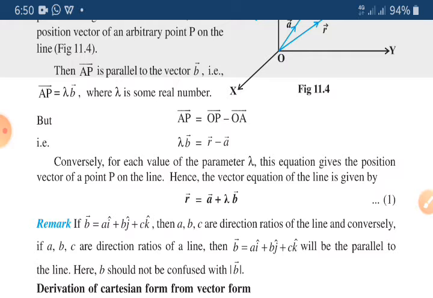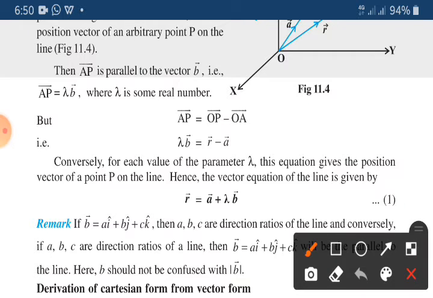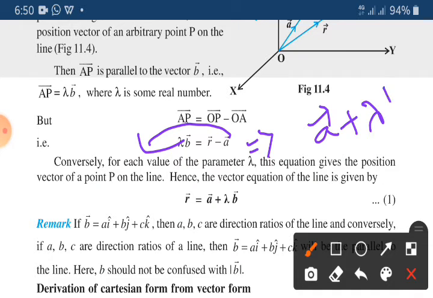Then the vector equation of the line is given by lambda b vector is equal to r vector minus a vector, which implies, taking minus a vector to the left hand side, a vector plus lambda b vector is equal to r vector. Now rewrite this equation: r vector is equal to a vector plus lambda b vector.